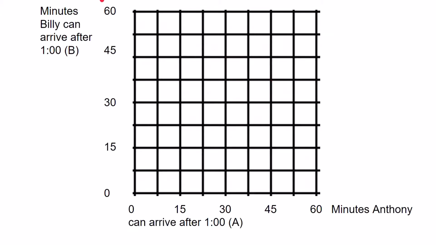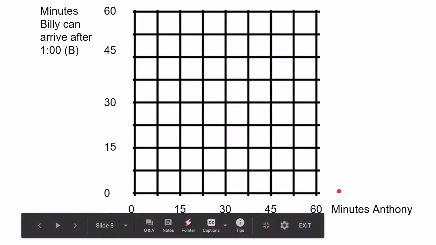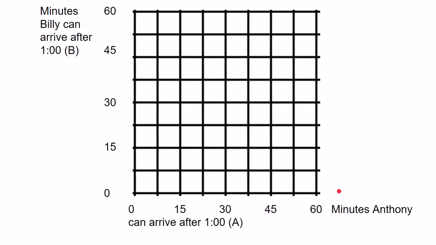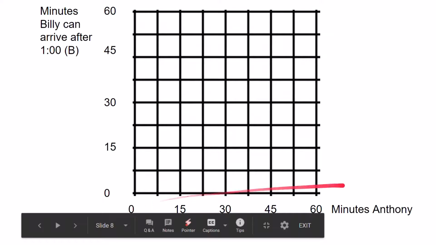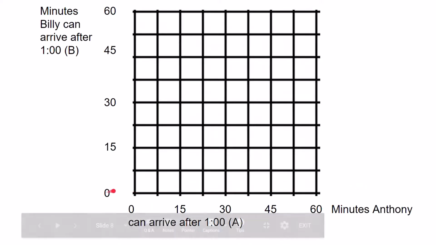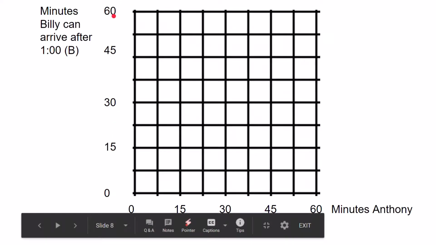And this is the total area, since we know that Anthony can only arrive from 1 to 2 p.m. and this is 1 p.m. and this is 2 p.m. And the same goes for Billy, where this is 1 p.m. and this is 2 p.m.